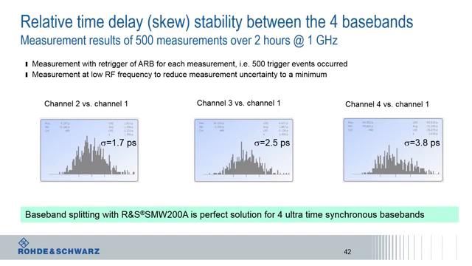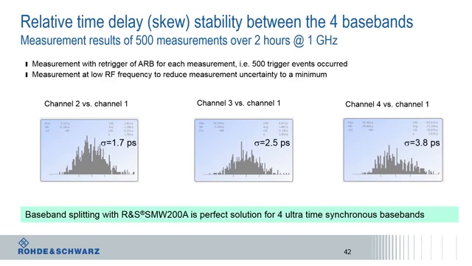Let's look at the relative time delay stability between the 4 basebands. For this, we have triggered the ARB 500 times and we have measured the stability among the channels. I've selected a low RF frequency in order to exclude any errors coming from high RF frequencies or the test setup itself. Here are 3 results shown.